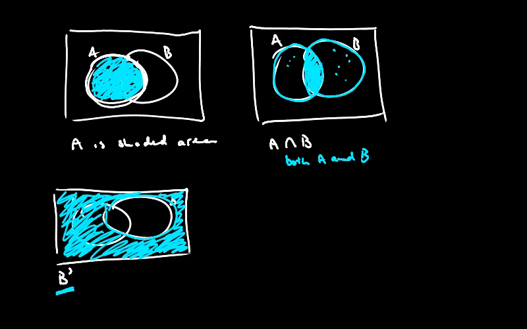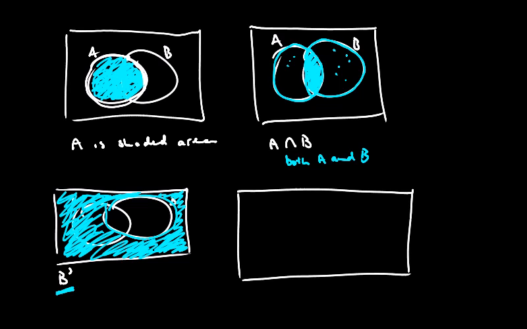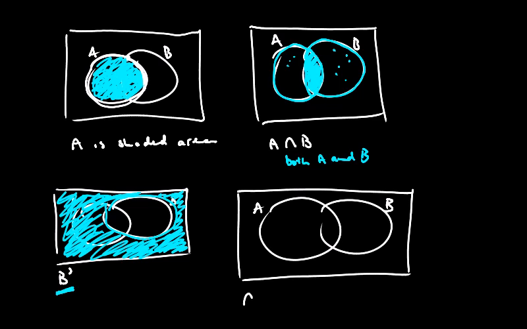Now, some of these get a little bit tricky because we're going to combine some pieces together. So what if I told you that I wanted you to shade, here's A and B again, the complement of A union B. The complement of A union B. Well, first of all, let's mark A union B. Remember we said it's all of A unified, or merged, fused, however you want to think about it, with B. So A union B would be this whole thing.